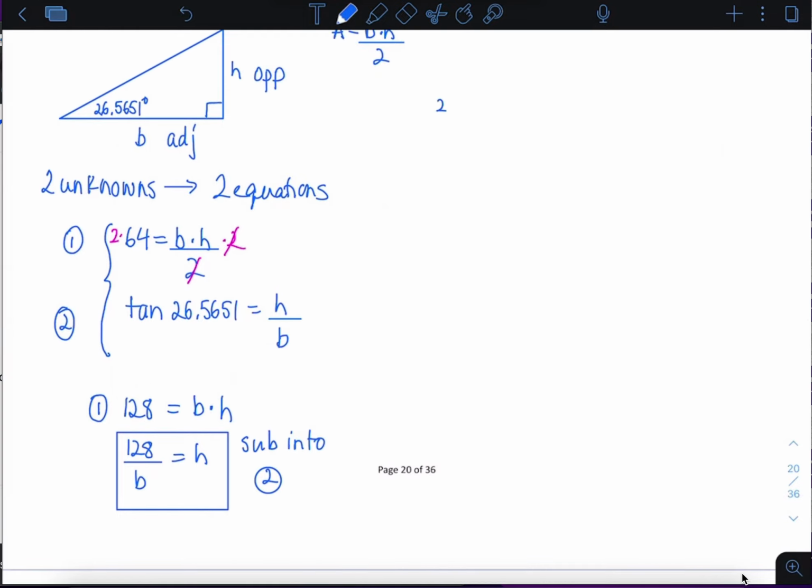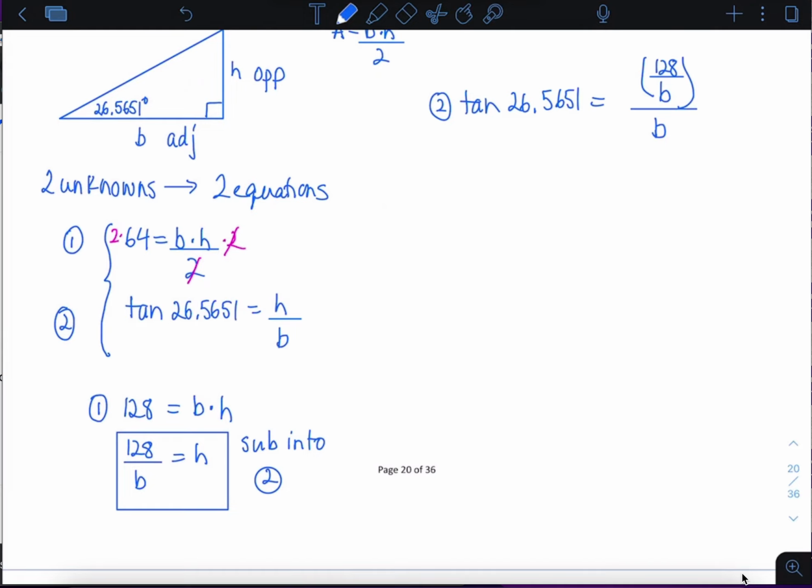So in equation 2, I have tan 26.5651. And instead of h, I'm going to write 128 over b over b.